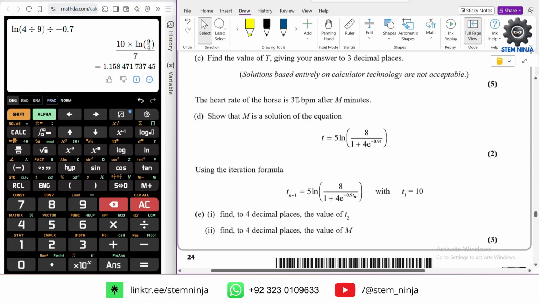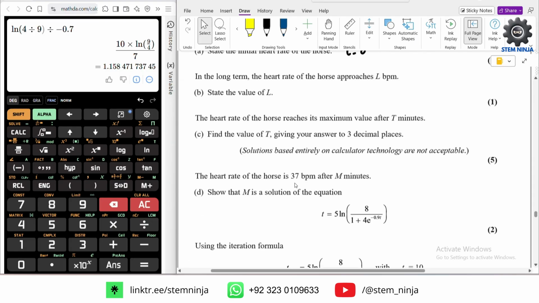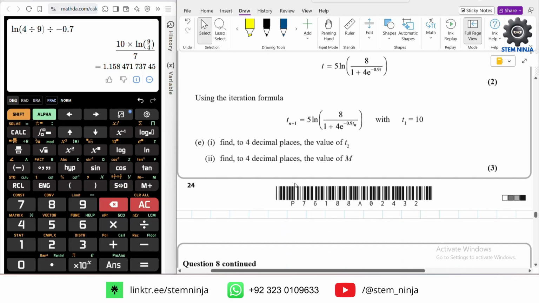The heart rate of the horse is 37 beats per minute after m minutes. Show that m is the solution of this equation. So let's plug it into the equation given.